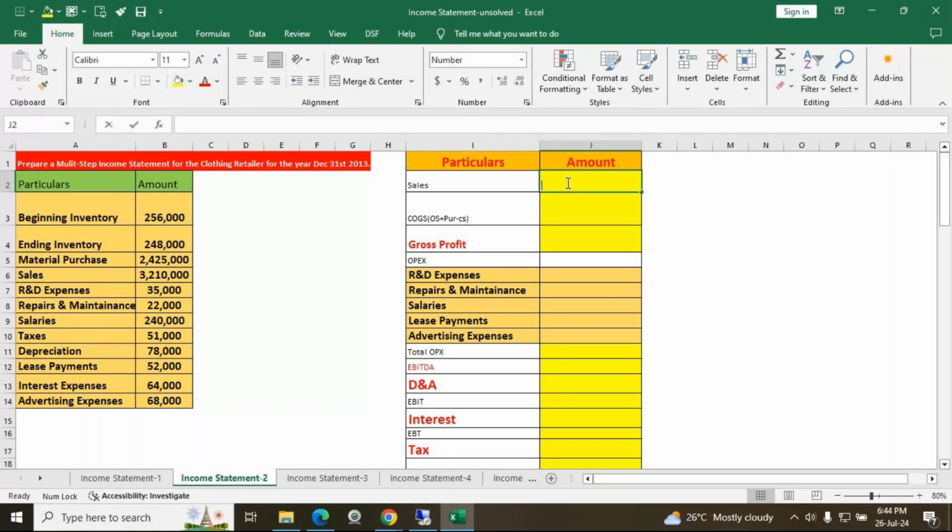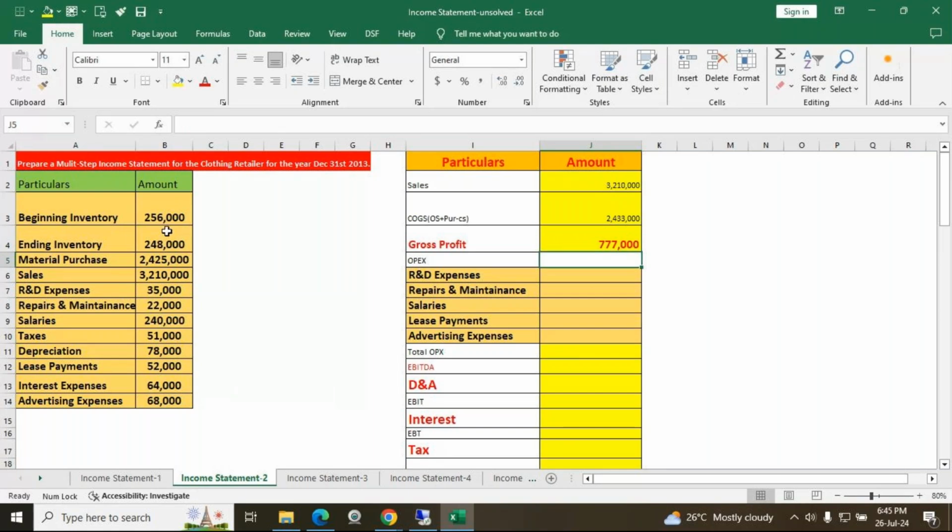So sales value: directly you have to just take in the values. Here COGS: opening stock, that is beginning inventory, plus purchases, material purchased, minus closing stock, ending inventory. So gross profit will be sales minus COGS.